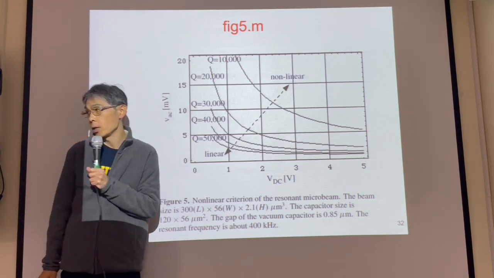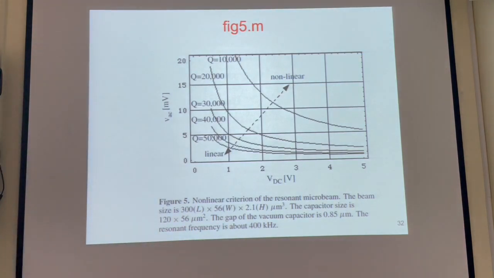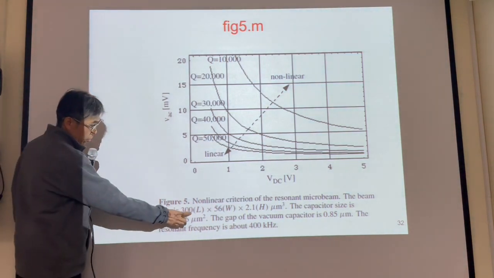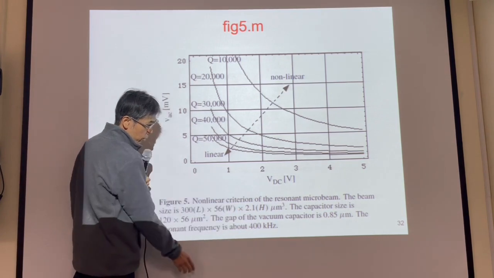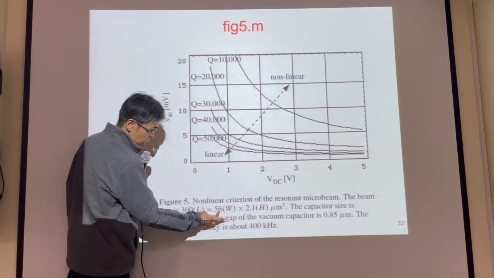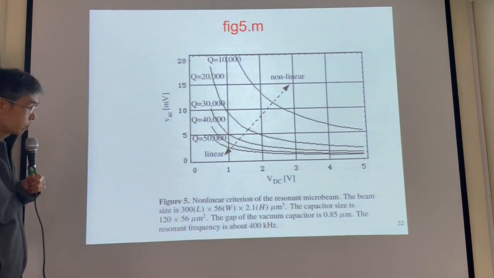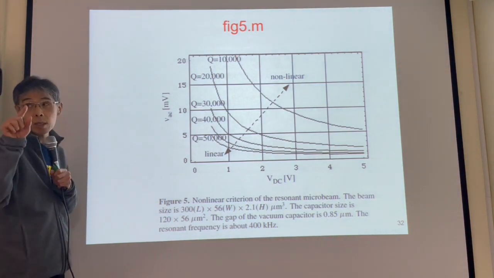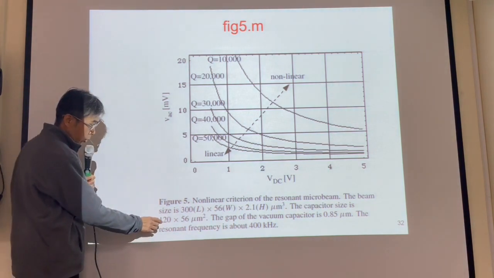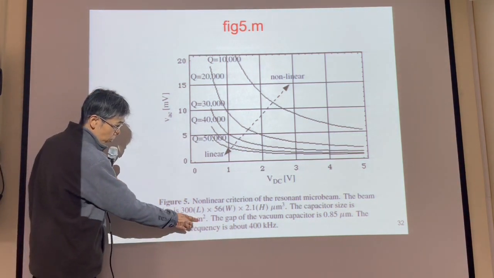So I have this example file. We use the parameters here: L is 300, W is 56, H is 2.1 micrometer. And the capacitor size S, the surface area, is 120 times 56 micrometer squared.